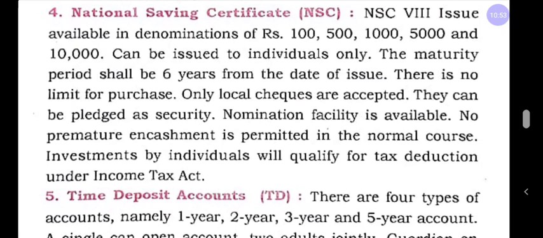Suppose I invest 10,000, then I will get extra, that is 12,000 or 13,000. That is called the National Savings Certificate. This is issued by the central government and also gives tax concession for individuals.